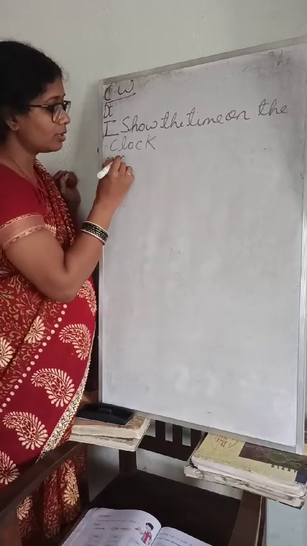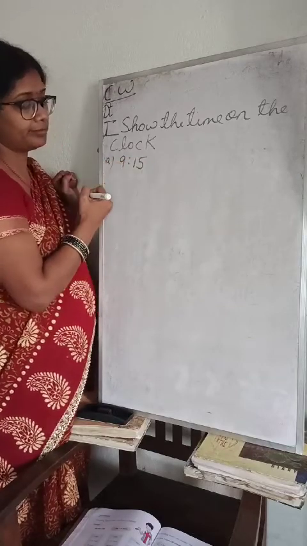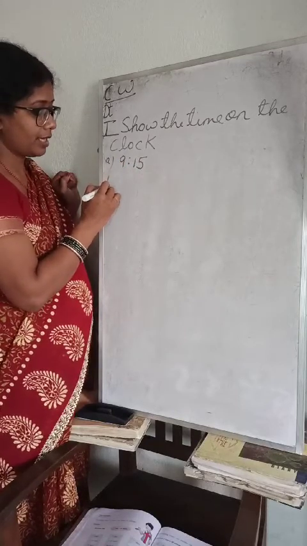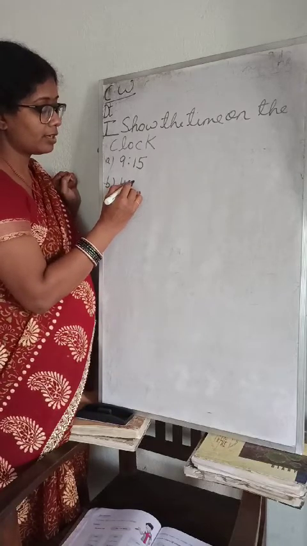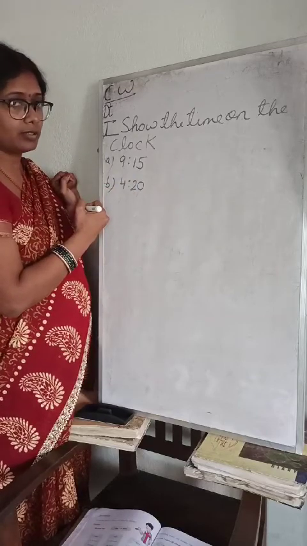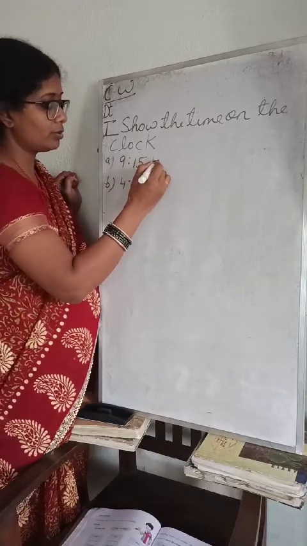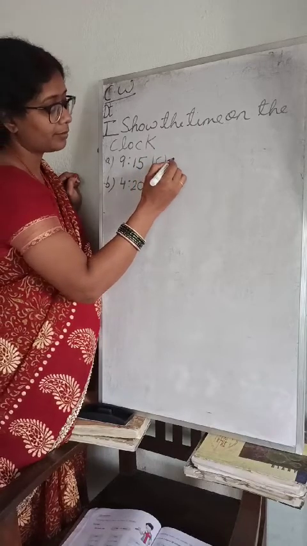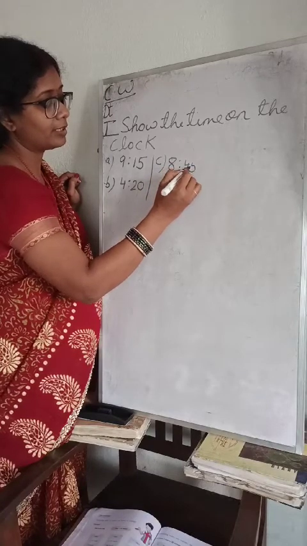A: you will show 9:15 on the clock. Then you will show 4:20 on the clock. After that, you are going to show number C, 8:45.